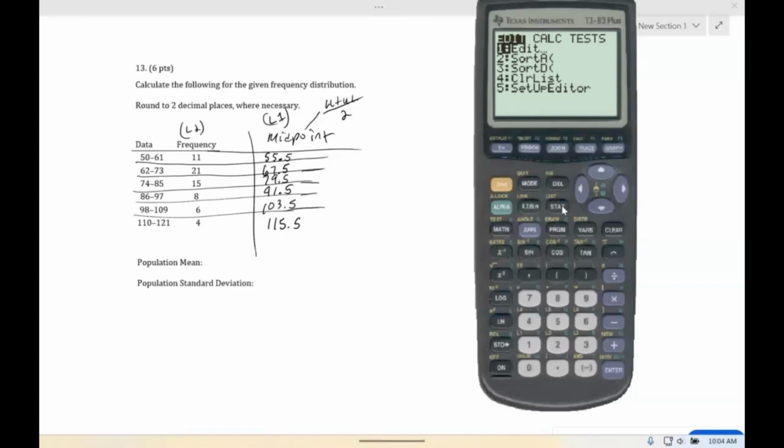I'm going to go into stat. I'm going to click edit, which is that first option. Remember, to quickly clear a list, I can go to the very top of the list, hit clear and enter. I'm going to put in the data.